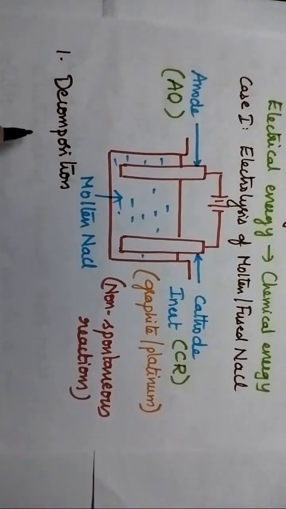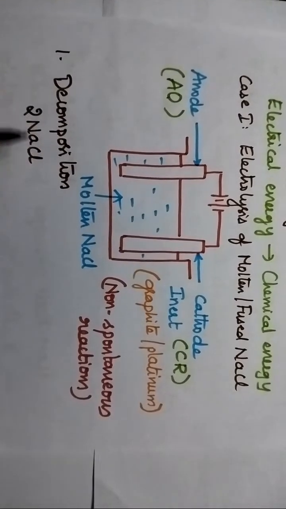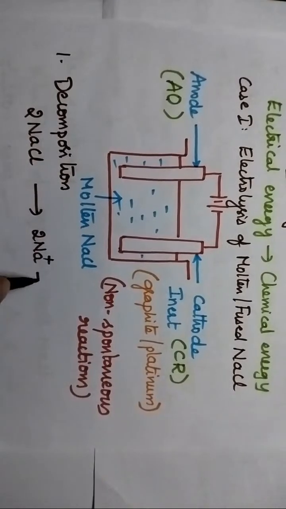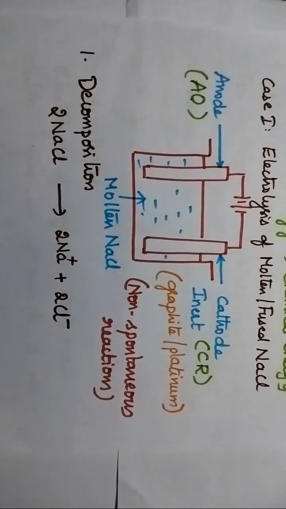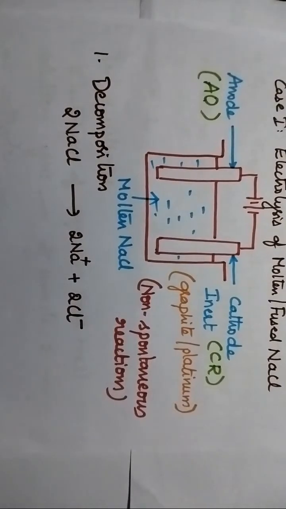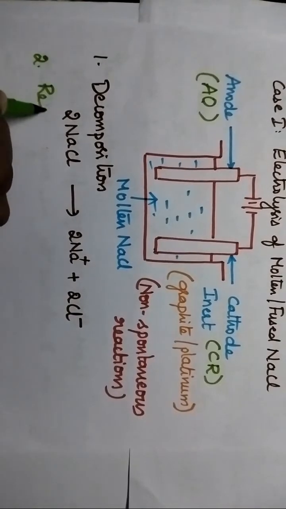Here the electrolyte is NaCl, so initially it decomposes into 2Na+ and 2Cl-. So in an electrolytic cell, initially the decomposition of an electrolyte takes place, followed by the redox reaction.